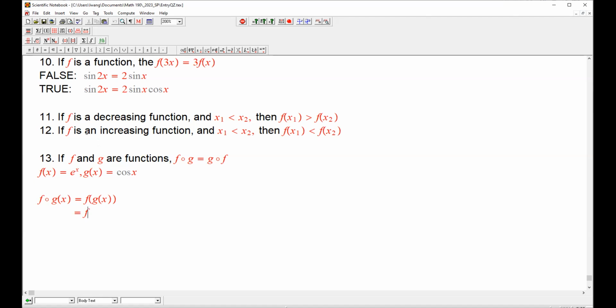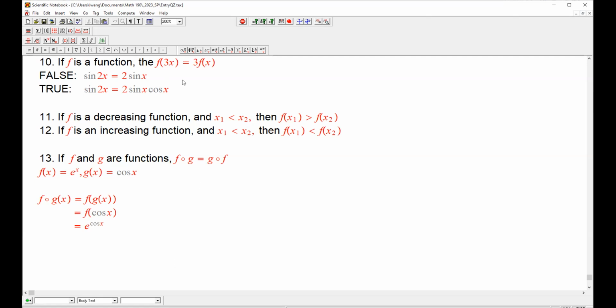So f of g of x is f of cosine x, and that's going to be equal to e to the power of cosine x. You might encounter this function.